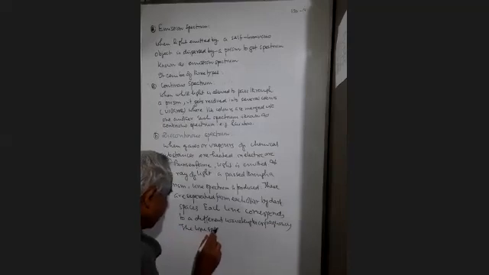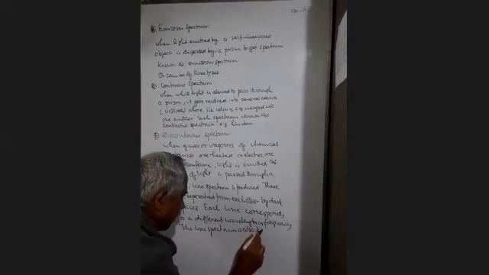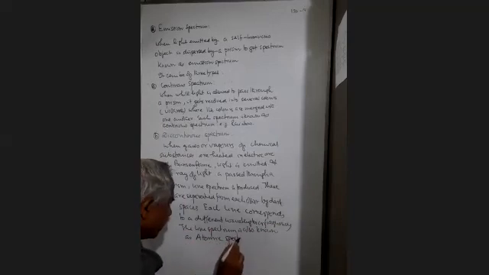The line spectrum is also known as atomic spectra. Example? Hydrogen spectrum. So how to show you?